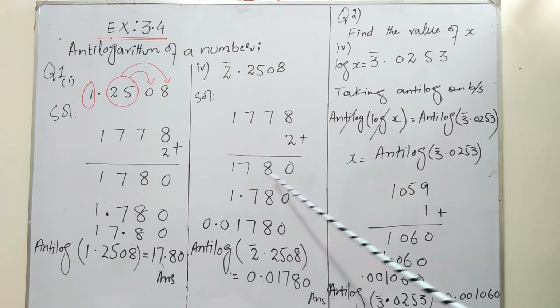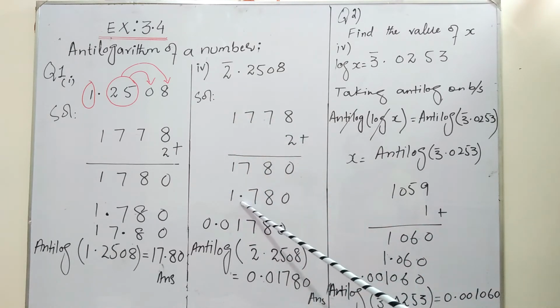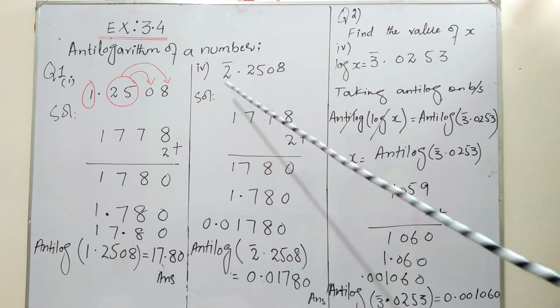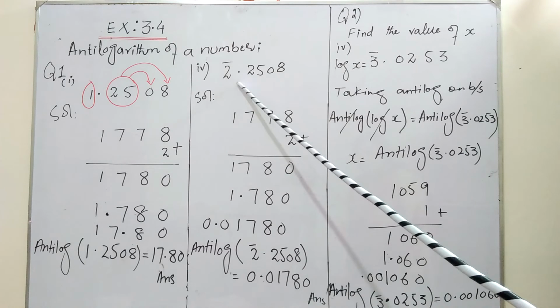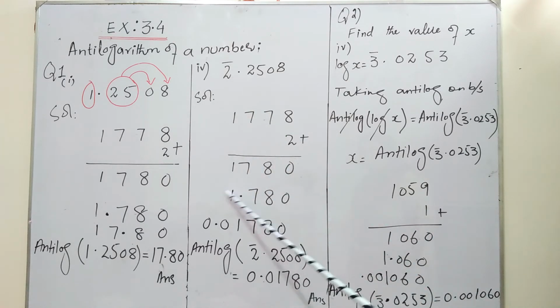and your final answer is 1780. Place the decimal after the first non-zero digit. Now move your decimal point according to your characteristic. As the characteristic is minus 2, move your decimal point 2 digits in the left direction.